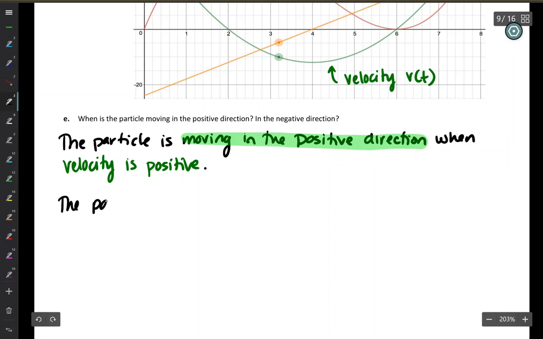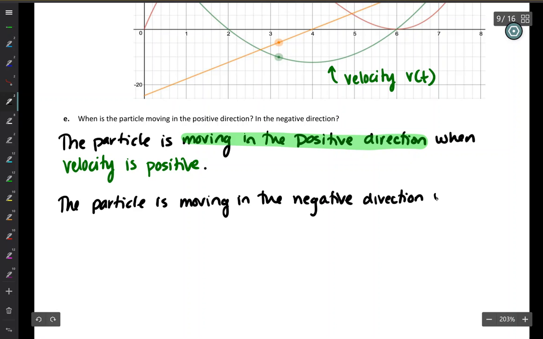The particle is moving in the negative direction when velocity is negative.